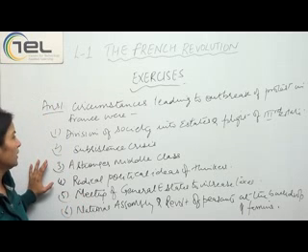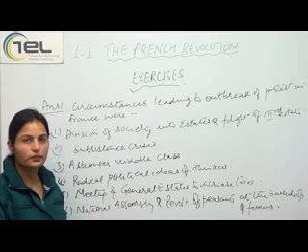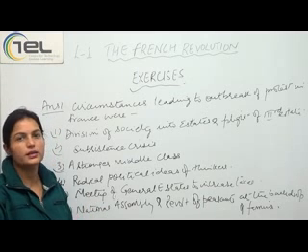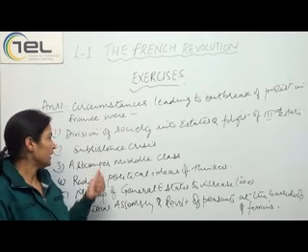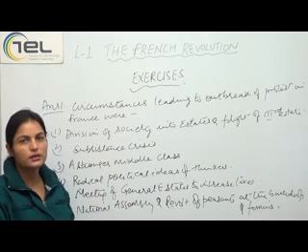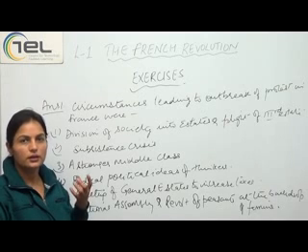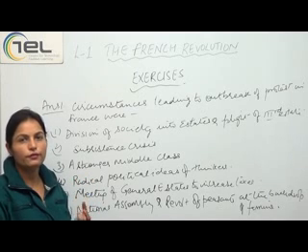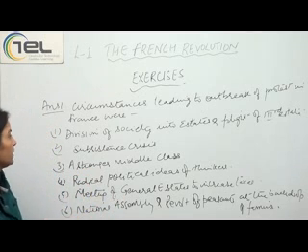Subsistence crisis: because of increasing population, there were not enough food grains. Production of food grains was less and population was more. That led to subsistence crisis, meaning the people did not have the means to live, they did not have basic means to lead a proper life.